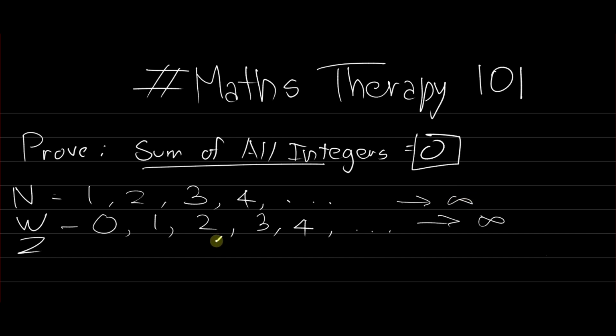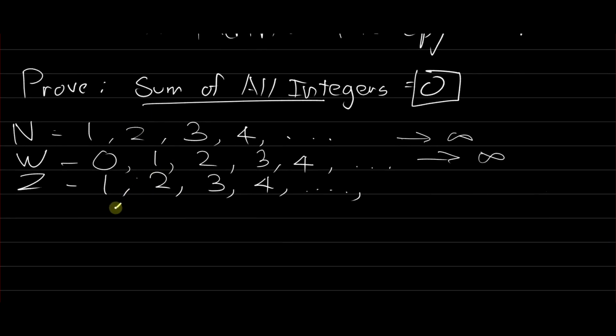But in integers, it's the opposite situation. Instead of increasing in one direction, we increase in two directions. Remember, the definition of integers is the combination of positive natural numbers such as 1, 2, 3, 4, and so on, 0, and the negative counterparts of the positive integers.